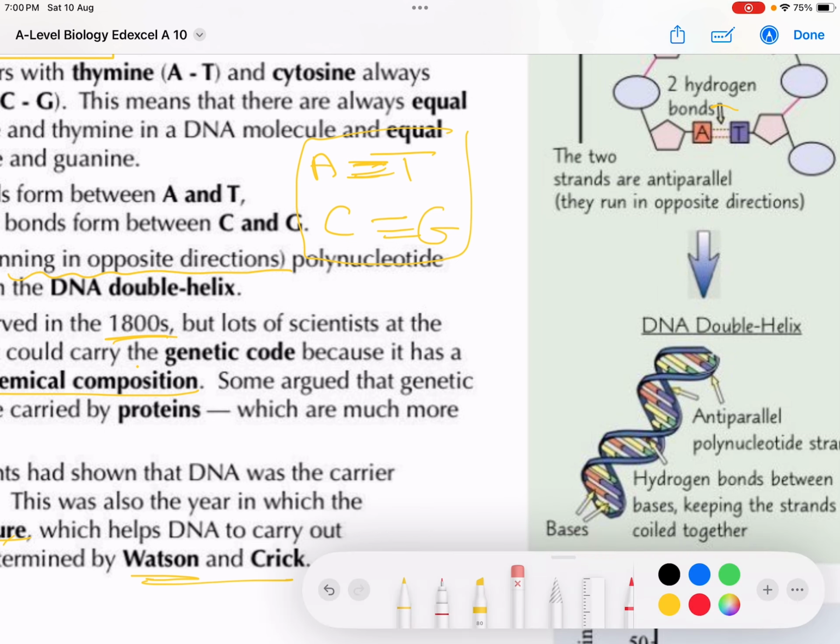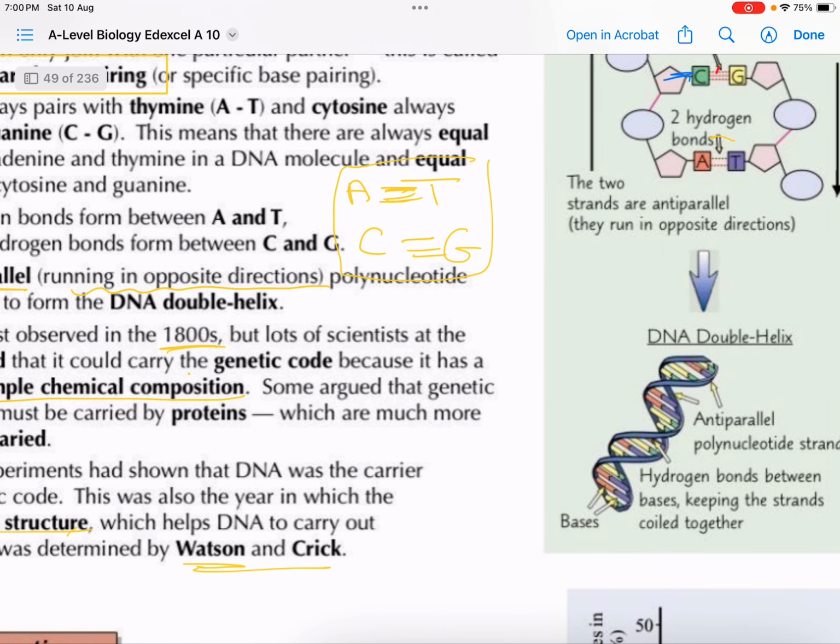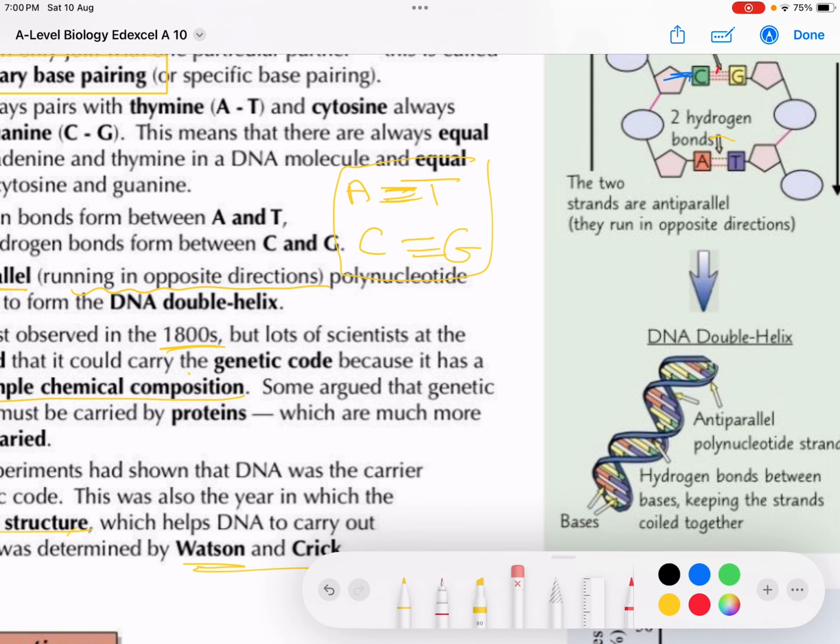Remember, guys, we said that there are nitrogenous bases that extend out of the backbone. So there's a C, there's an A, maybe the next one is A, then T, then C, then G. If you trace one strand, the bases on this strand form the genetic code.